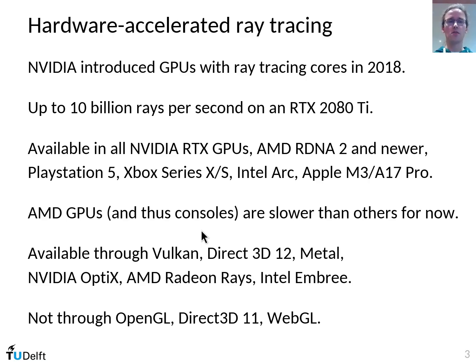And there are also GPU compute APIs for it, namely NVIDIA OptiX, AMD Radeon Rays, and Intel Embree. However, if you're using older APIs such as OpenGL, Direct3D11 or WebGL, this is not available. So if you want to use it, you have to transition to one of these newer APIs.